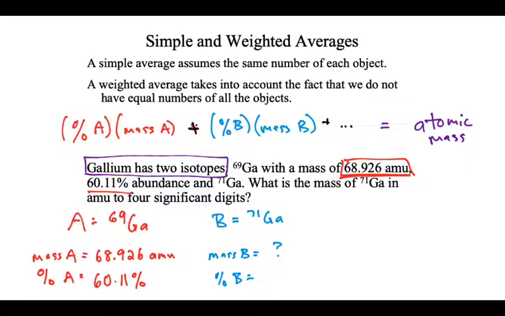Which means if I know through this system that the percent of A plus the percent of B must equal 100%. Do I know the percent of A? Yep. So how do I figure out B? 100 minus the 60.11. I lied about being good at math.